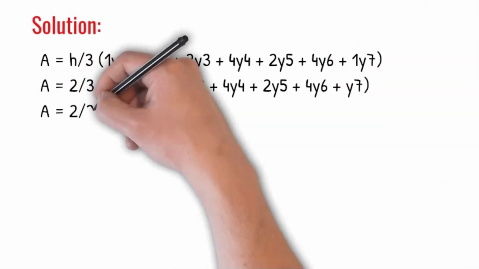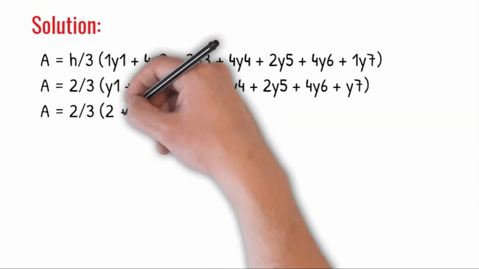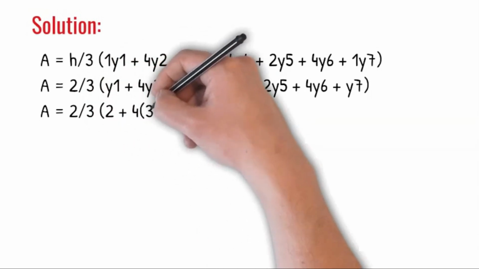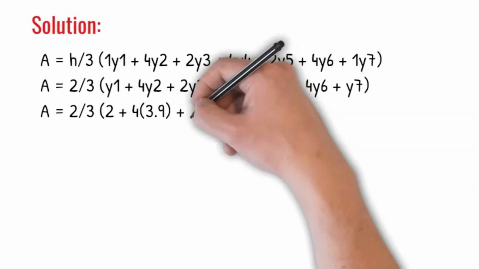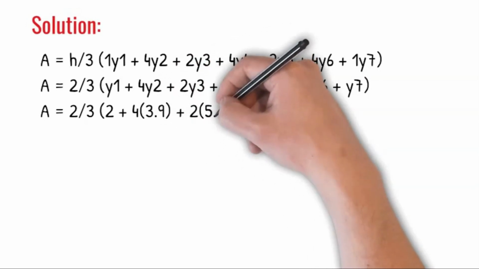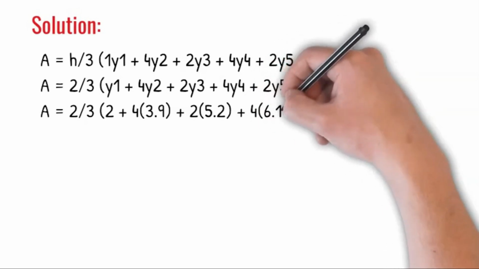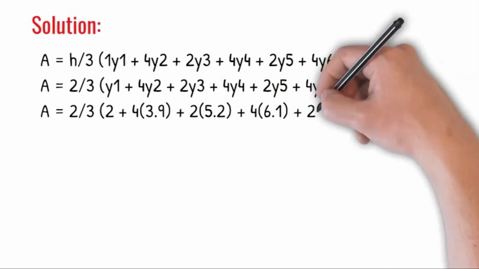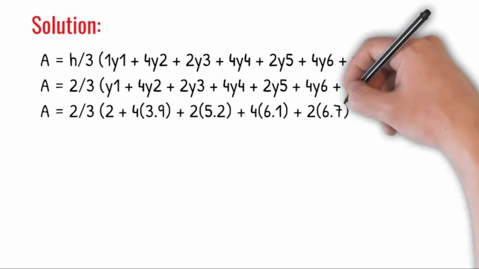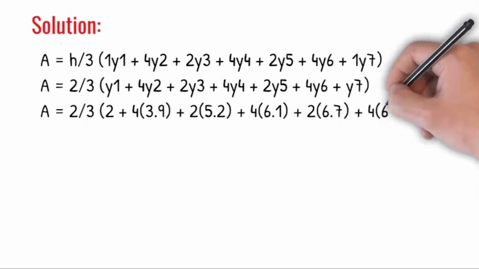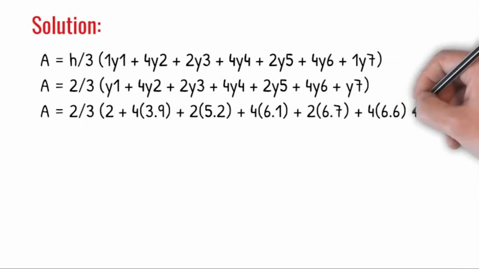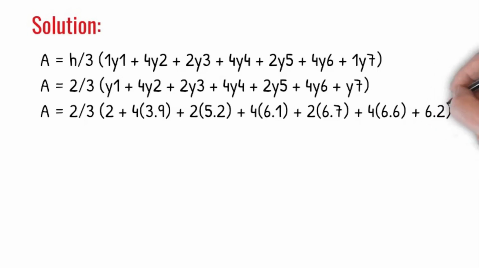Area equals 2/3 times the sum of 2 plus 4 times 3.9 plus 2 times 5.2 plus 4 times 6.1 plus 2 times 6.7 plus 4 times 6.6 plus 6.2.